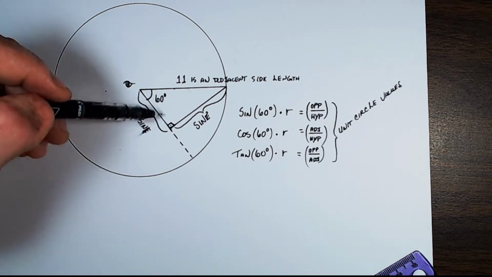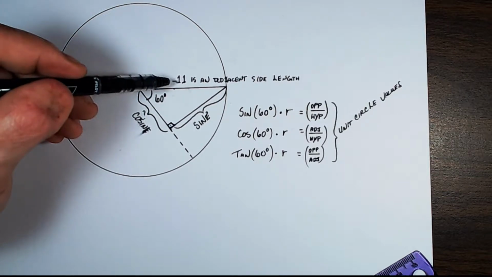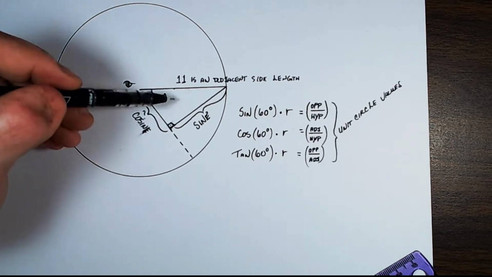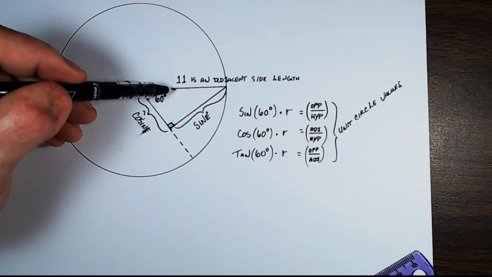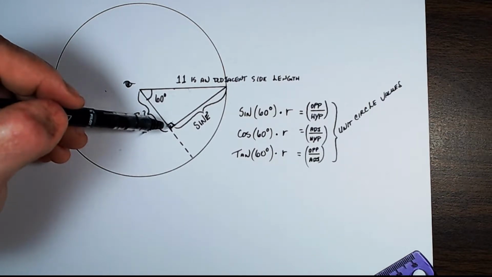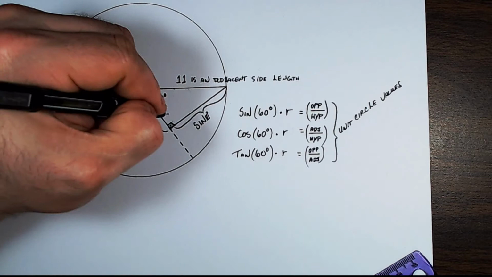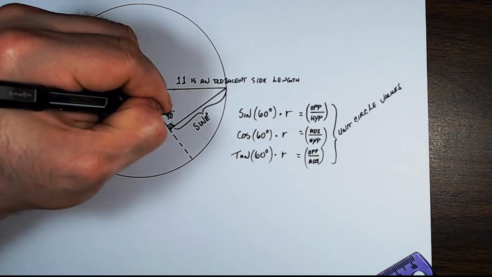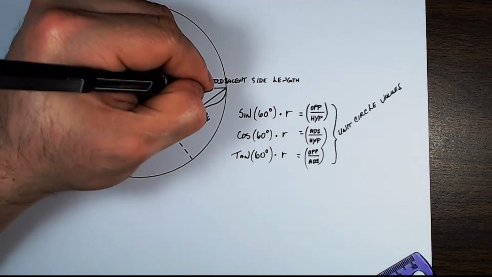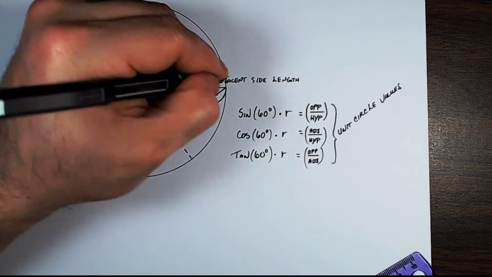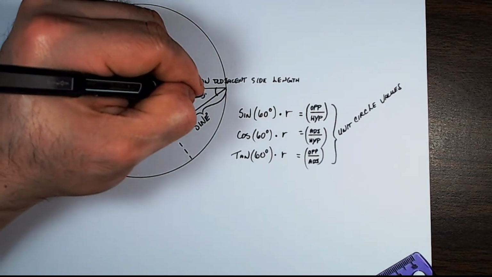The hypotenuse, the longer side, is the one opposite of the right triangle symbol. Okay? So this is the 90-degree angle. And that means this is 30 degrees right here, because 30, 60, 90.